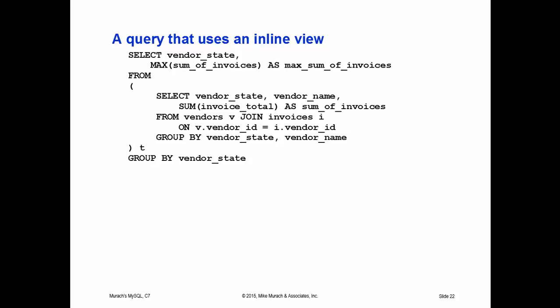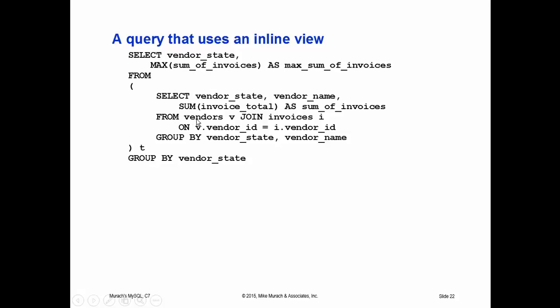All right. A query that uses an inline view. Now this is really interesting. Select the state and the max number of invoices from, and then notice what they're doing. It looks at least as though they are running a correlated subquery, and then they're going to be finding out the max number for each state.